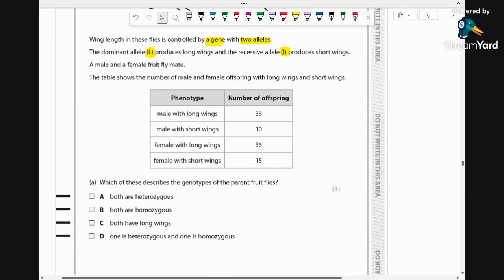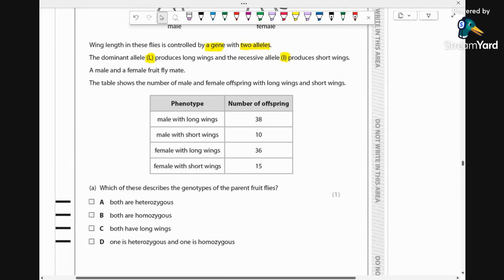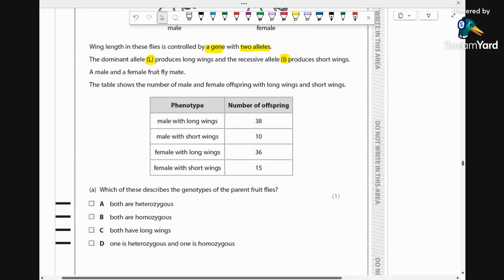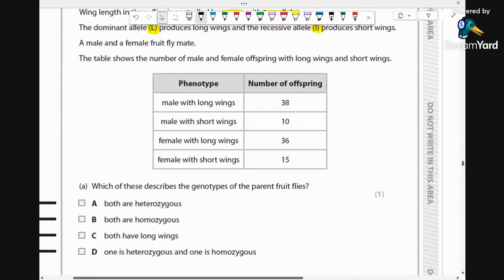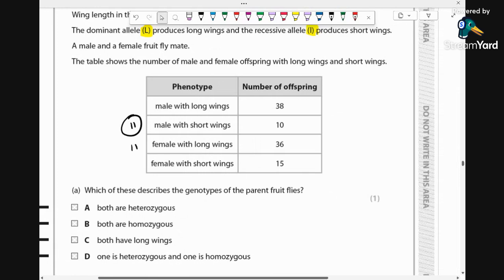Interestingly, we get the recombinant types. Okay. We get males with short wings and females with short wings. So if we're talking about alleles, they must be little l, little l. And in order to get little l, one from each parent.